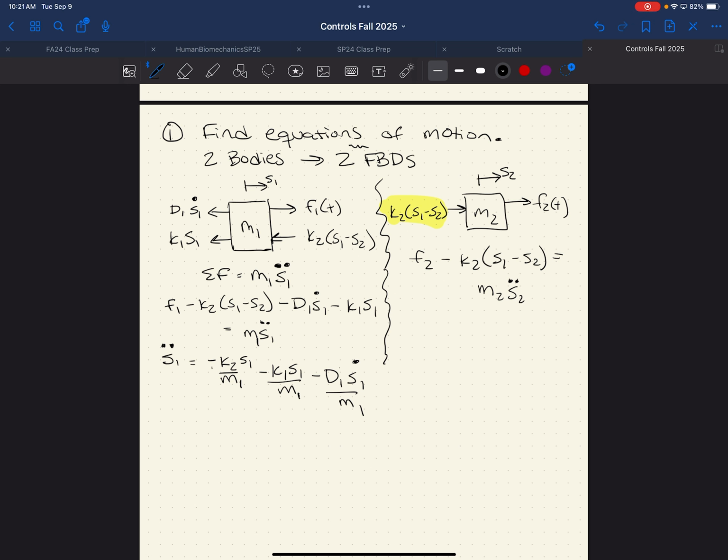So I got both my S1 terms and S1 dot. Now I need my S2, which is plus K2 S2 over M1. And then I need to not forget F1 over M1. Okay, S2 double dot equals minus K2 S1 over M2 plus K2 S2 over M2 plus F2 over M2.